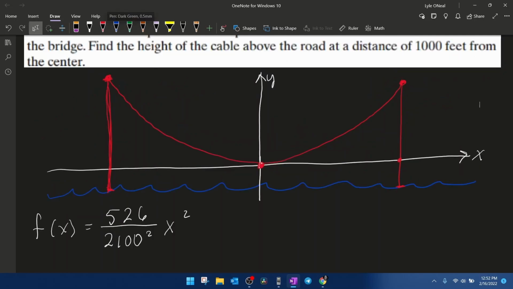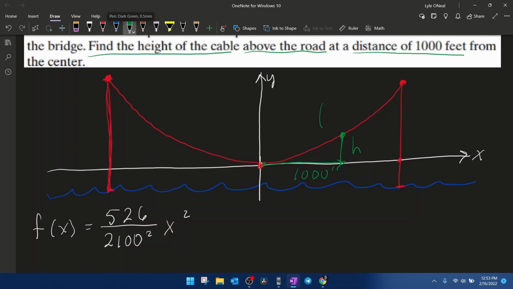So I cleaned up my picture a bit so that we can answer the question they actually asked, which is to find the height of the cable above the road at a distance of 1,000 feet from the center. So if we go from the center over a distance of 1,000 feet, what we want to find is the height of the cable at that point.